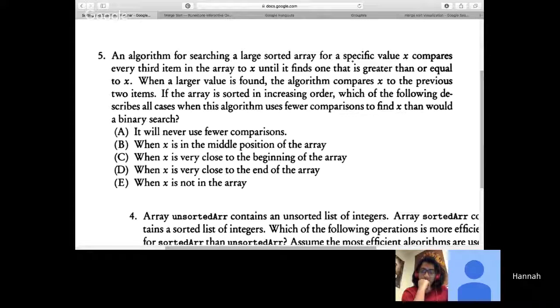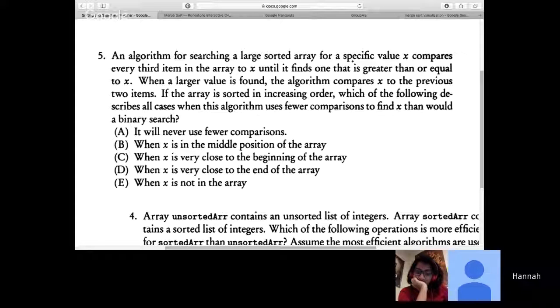So it's not going to work best for what you said, D, because if it was very close to the end of the array, since we're comparing every 3 values, let's say that this array was of size like 90, that would mean that we would have to go through the whole array like 30 different times in order to get to the very end, since we're just comparing 3 elements at a time in order.